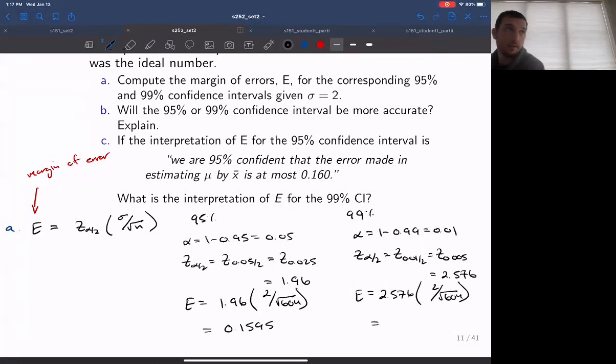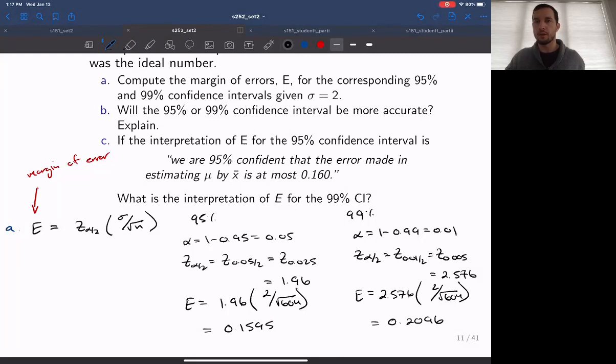And this is going to give us 0.2096. So the margin of errors, again, are simply what is to the right of the plus minus sign in the equation for the confidence interval.